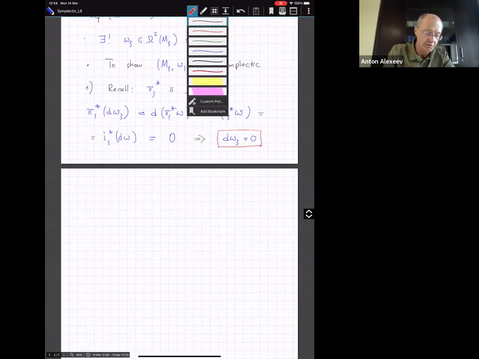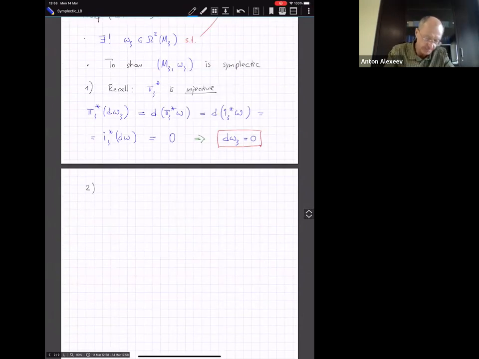Now, what we also need to show is that omega xi is non-degenerate. And that's the only complicated or interesting part. This is often the case when you work with different types of reduction: non-degeneracy is typically where you need to work.